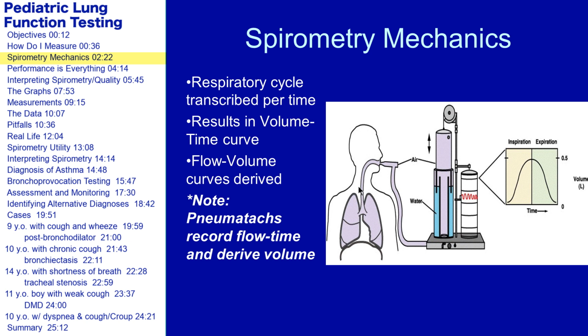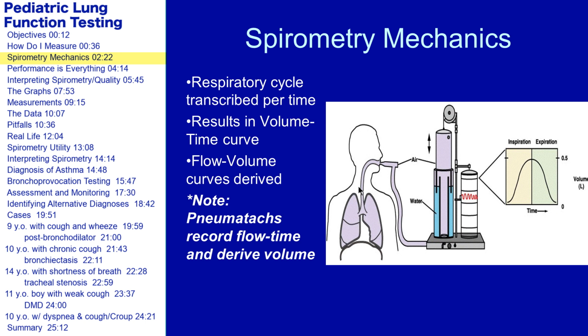And then that tube leads to two cylinders that are stacked on top of each other, ideally in a frictionless system. And so as the person breathes in, the cylinders close together because air is being removed from the system. As they breathe out, the cylinders separate from each other, and so the top cylinder rises.